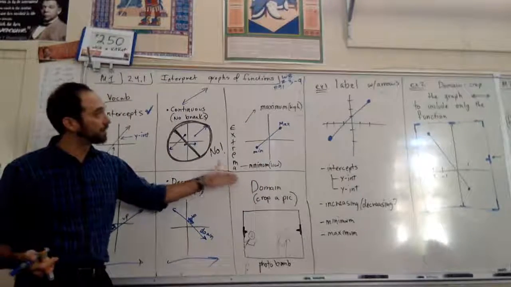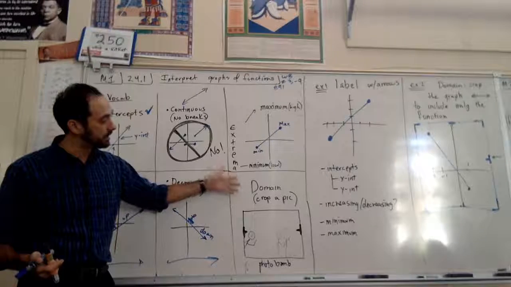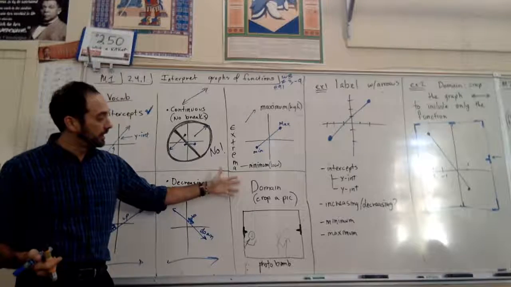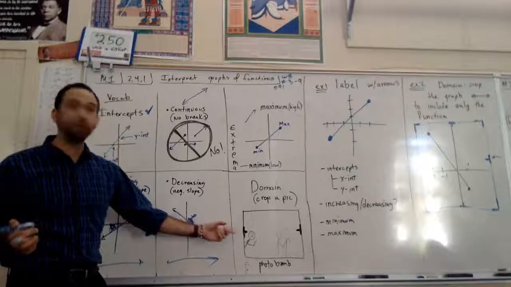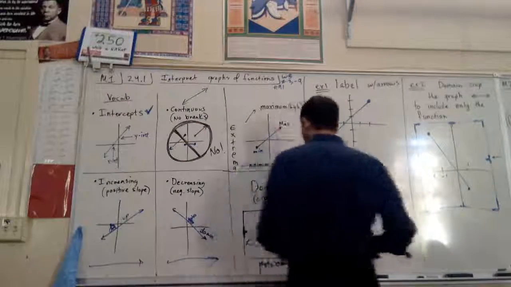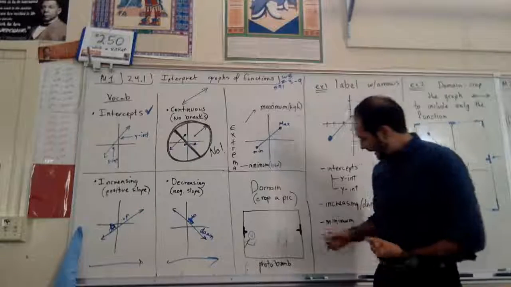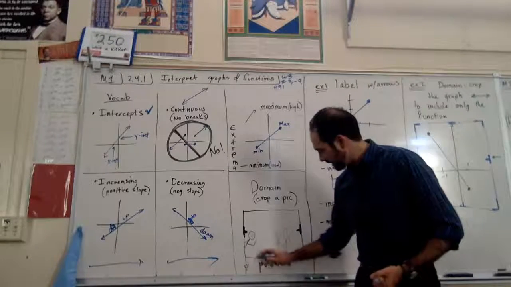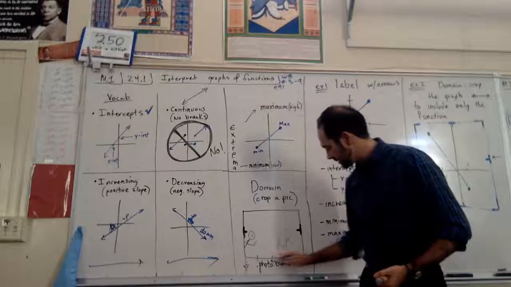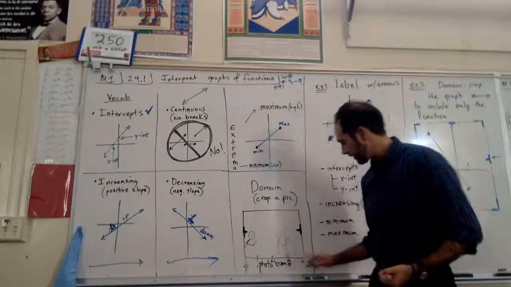Domain, and this is actually the last topic today. I want to show you something on Desmos right now. Imagine you're trying to take a picture with a friend, and this guy photobombed it. Here's maybe 0, here's 1, here's 2, here's 3, here's 4.